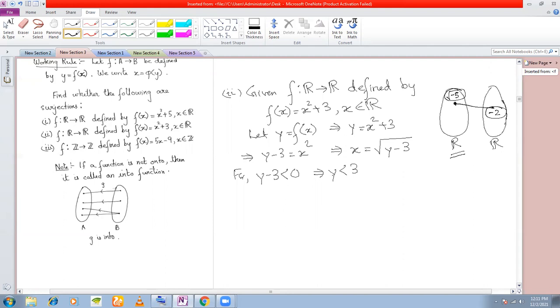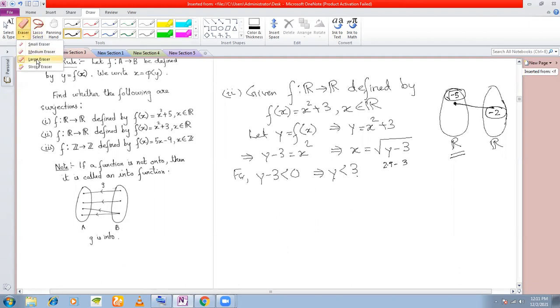So similarly, for every element in the set B, that is R, if y is less than 3, they will not have a pre-image. You can check for, let's say, y is equal to 2.9. You put 2.9 minus 3, you'll get minus 0.1. Square root of minus 0.1. Will it have an image?